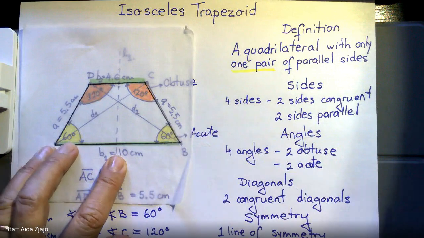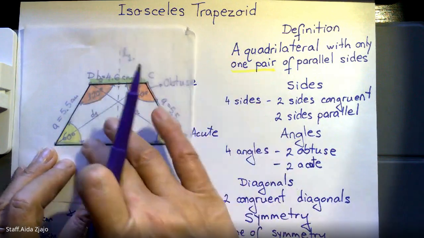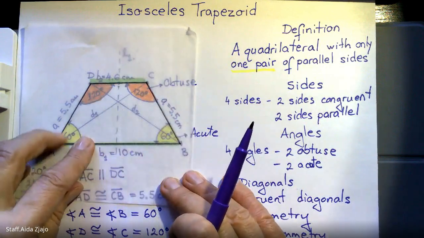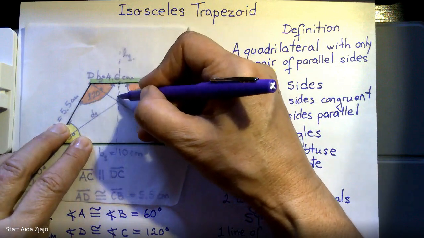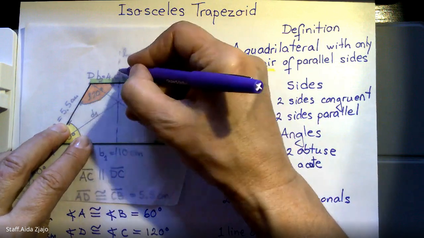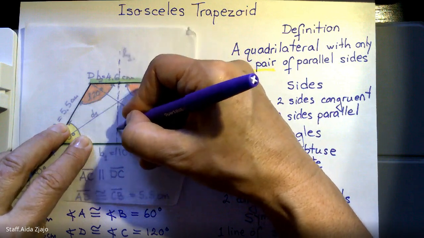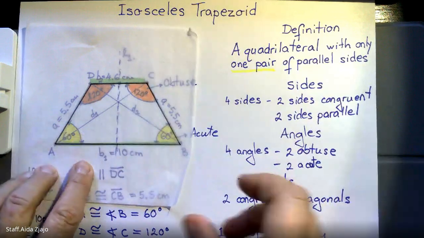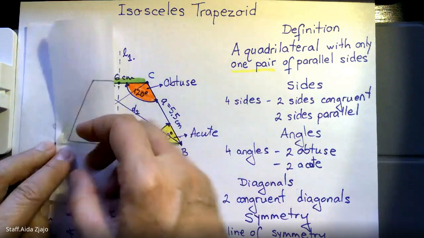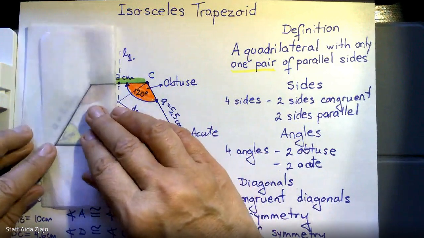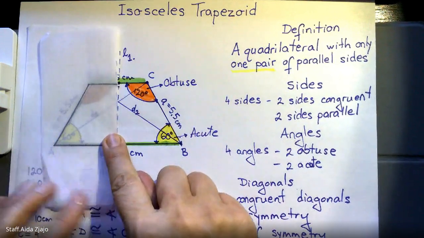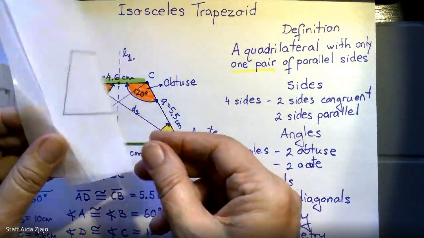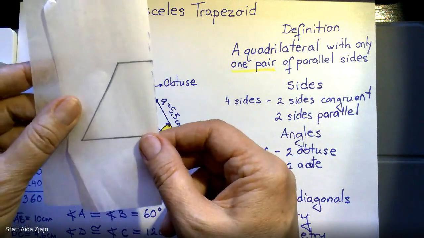I already traced the trapezoid around, and if this is my line of symmetry right here, I would be able to fold the paper without overlapping. So I can see that my line of symmetry will exactly fold this shape in half without overlapping.